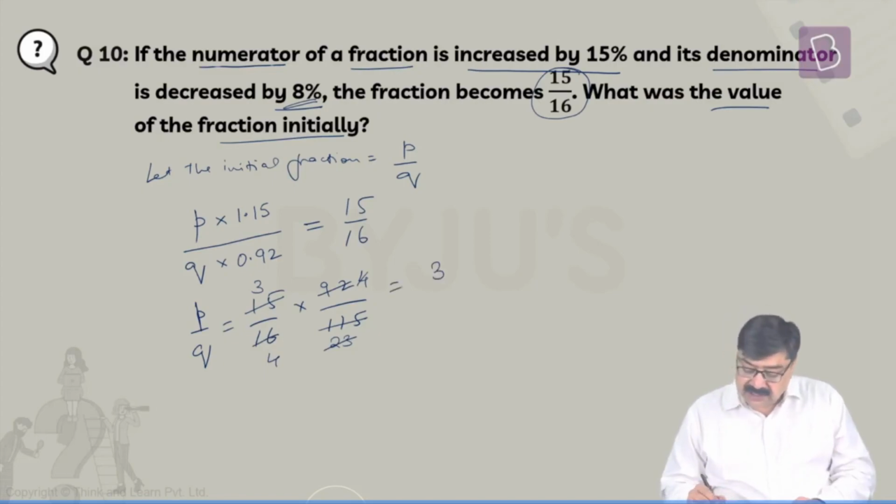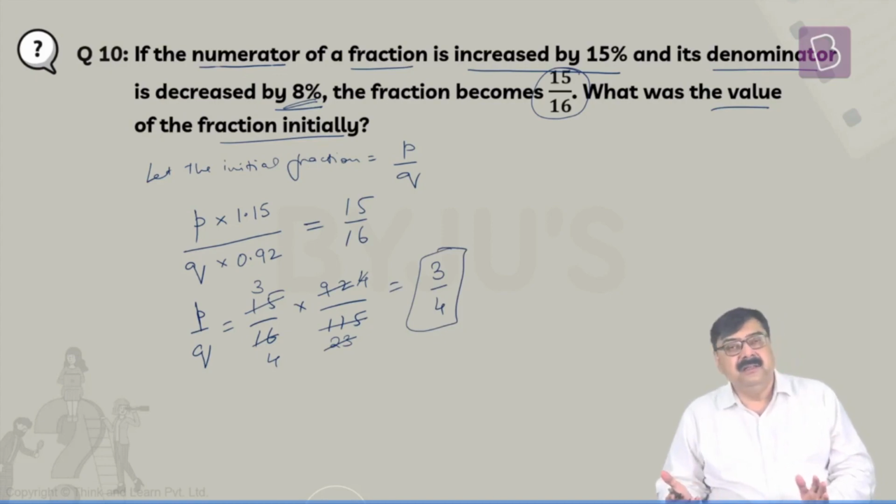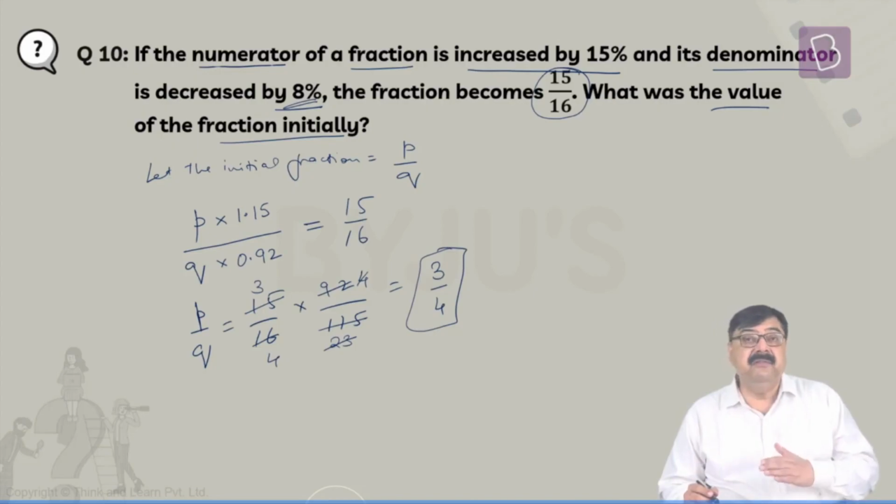So the original fraction P by Q has to be 3 by 4. That's it. Don't start calculating 1.15 as 115 by 100, 92 by 100. This is something you should know, that 92 is divisible by 23 and it goes by 4.